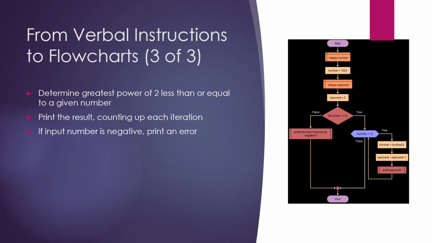So the first thing we do is we divide number by 2, then we increase exponent by 1, and then we print exponent. And then when we're done, we'll see, in our case, it prints 1, 2, 3, 4, 5, 6, 7, 8, 9, 10. It stops at 10 because 1024 is 2 to the 10th power. And then there's our solution.